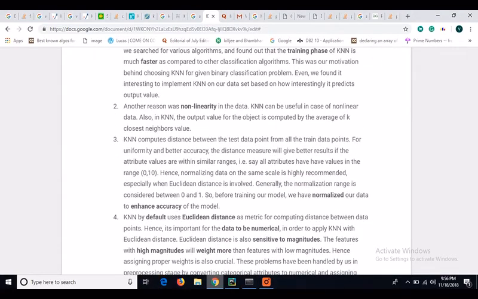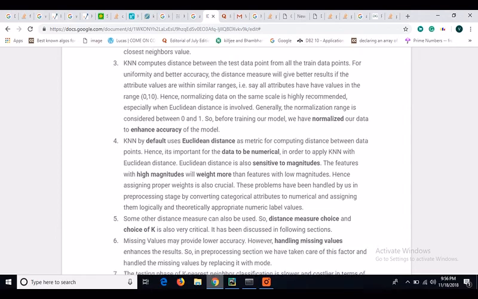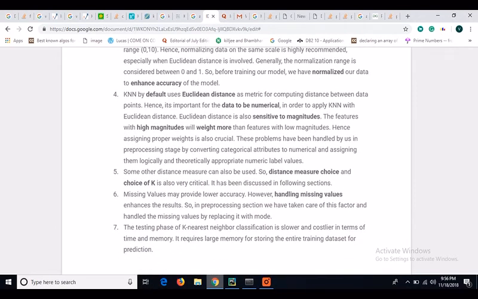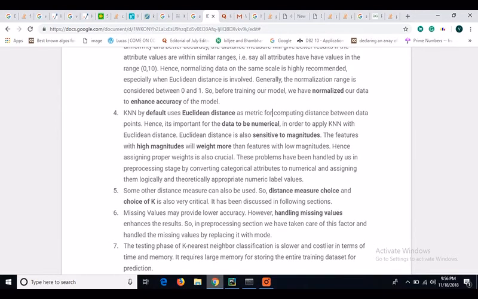There are various other key issues related to KNN which have been mentioned in this section, and these issues have also been appropriately handled by us in the pre-processing and cleaning section previously. For example, KNN requires normalized data since it uses Euclidean distance by default to find the distance between two data points, and Euclidean distance depends on the magnitudes involved.